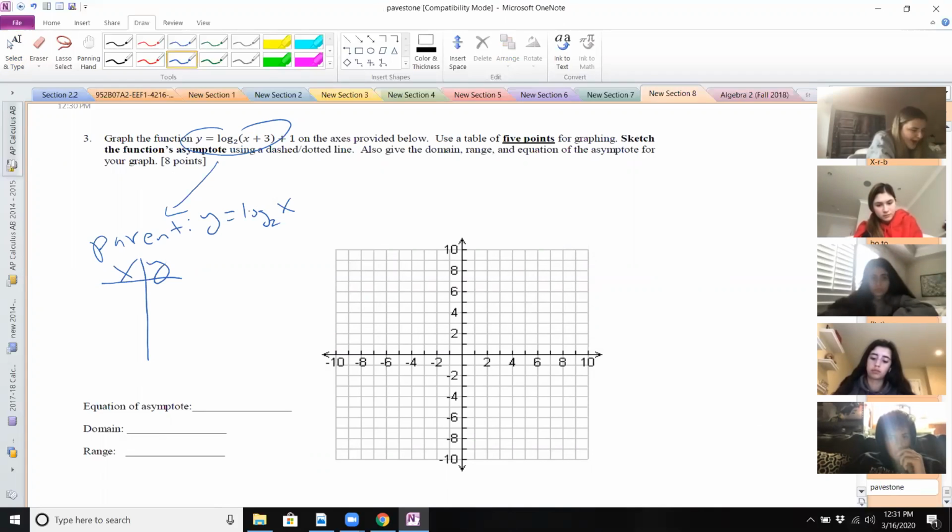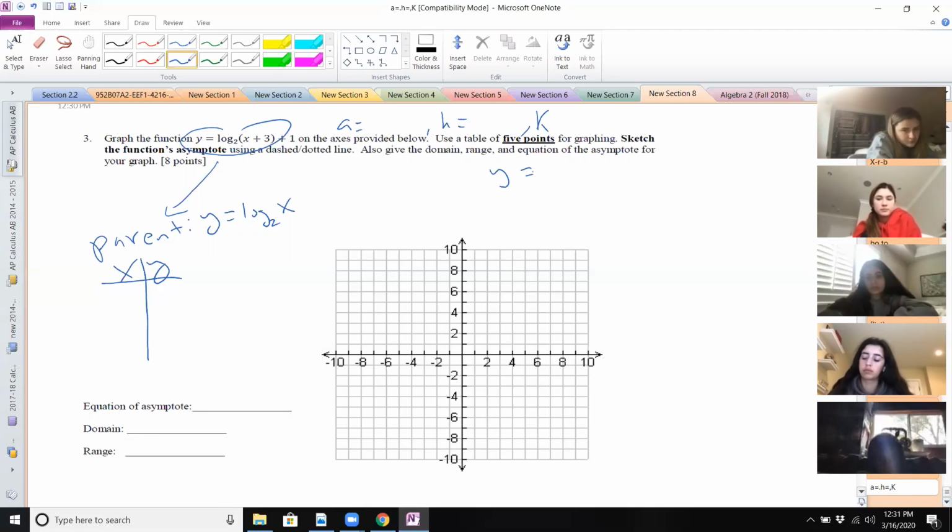Because here you have a, h, and k values. And you have your notes, so I don't really have to give you the formulas, I guess. But for word problems, I'll tell you what specific formulas you use so you're not confused, or I'll give you a list of formulas.